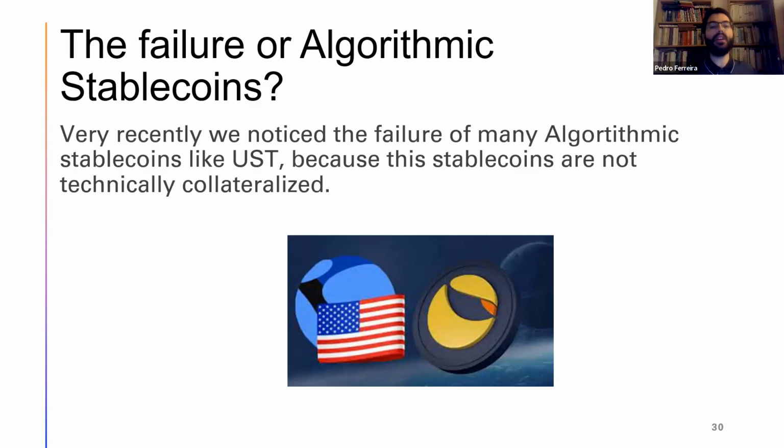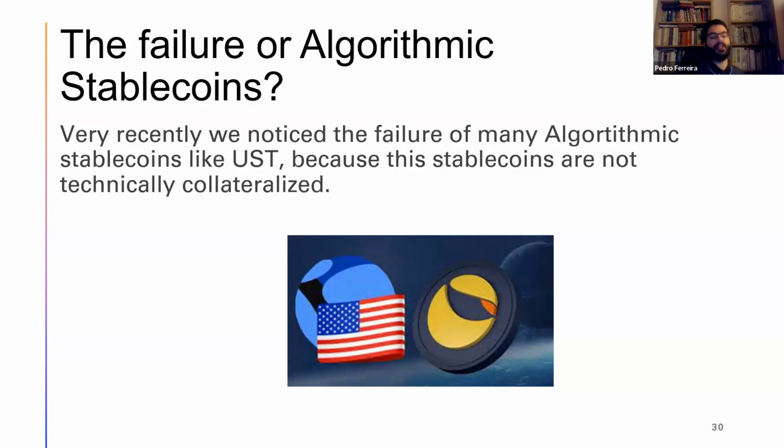That would be the holy grail of stablecoins. But as they were just algorithmic, they just adapted to the demand. They were not able to stabilize, and they were not able to fulfill their commitment to the people that thought that these stablecoins were secured.